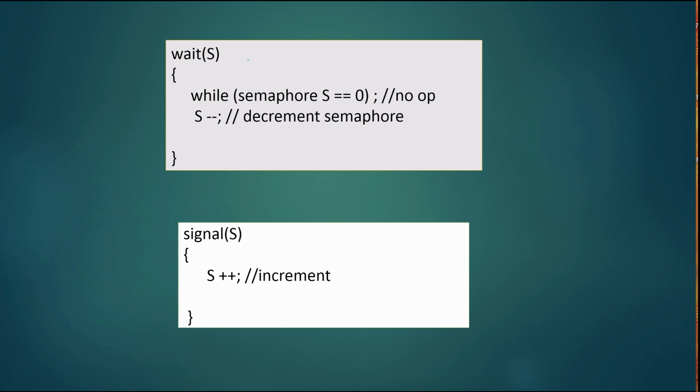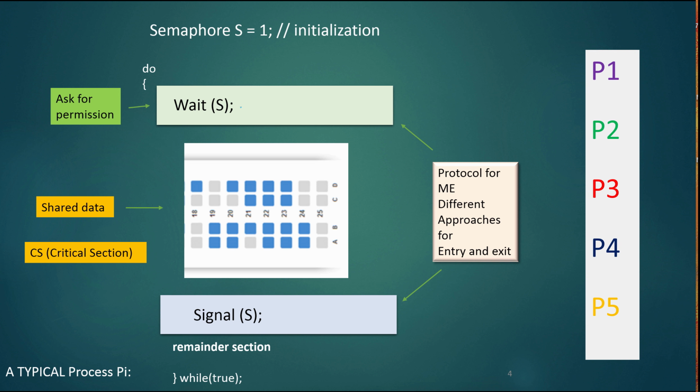So it's very simple. This is a busy waiting type of semaphore. The process that's waiting is going to wait busy, checking and checking and checking. But there is also a complex semaphore in which the process will block, which is in another video you can watch, an animation of that.